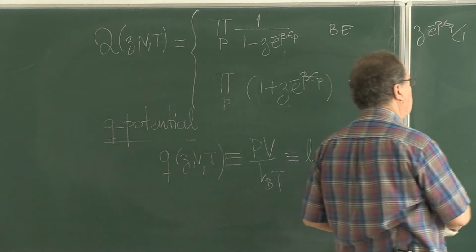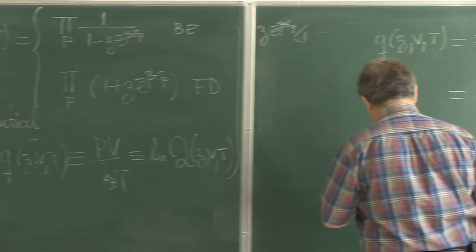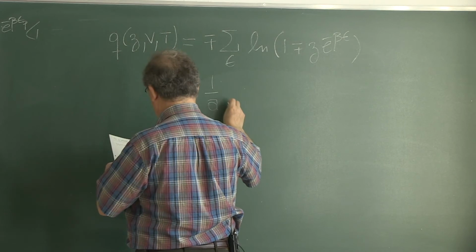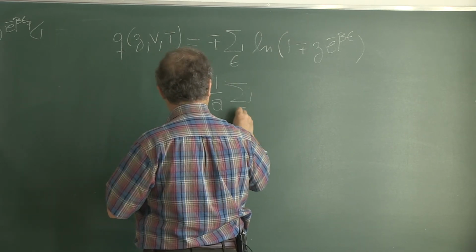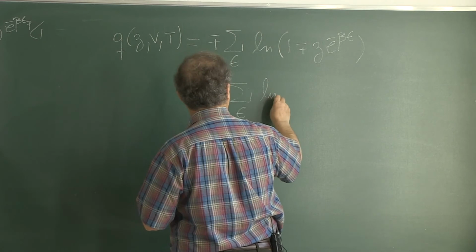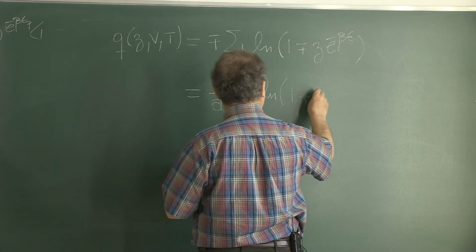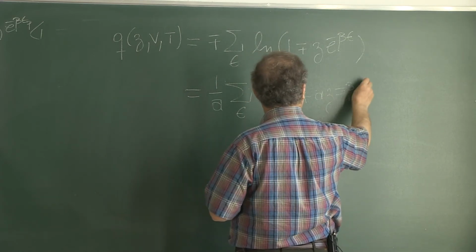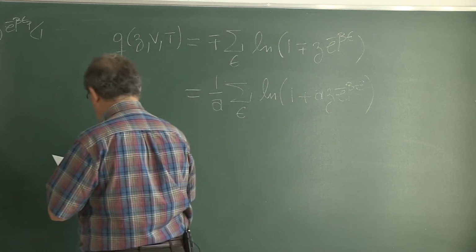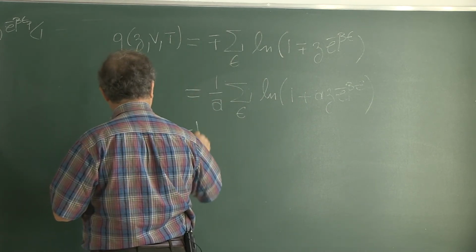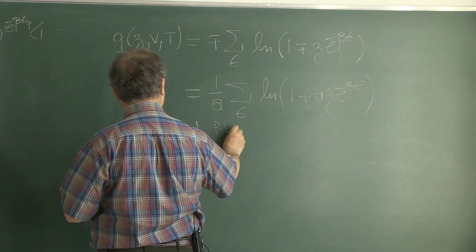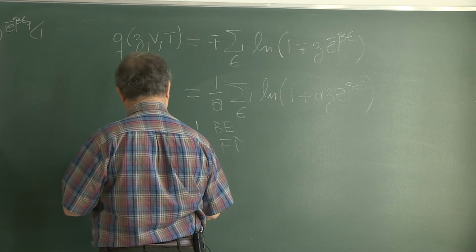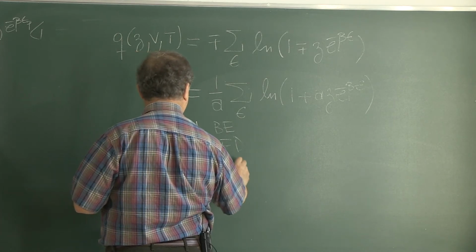So in general, you can also write this as 1 over A, sum over all single particle energies, ln of 1 plus A times Z e to the minus beta E, where A is minus 1 for Bose-Einstein, plus 1 for Fermi-Dirac, 0 for Maxwell-Boltzmann.